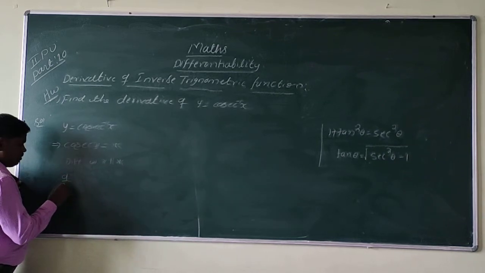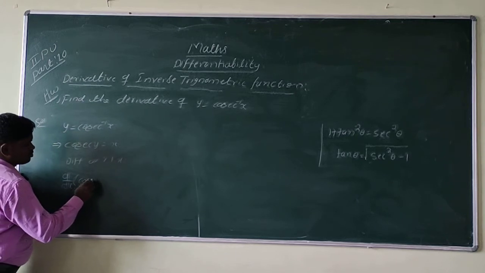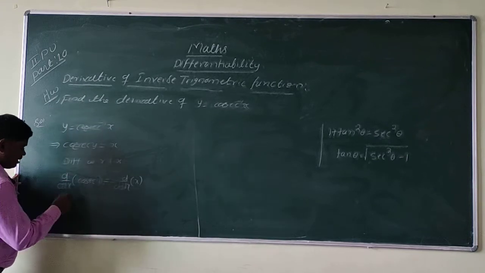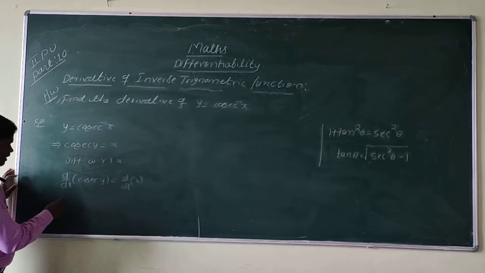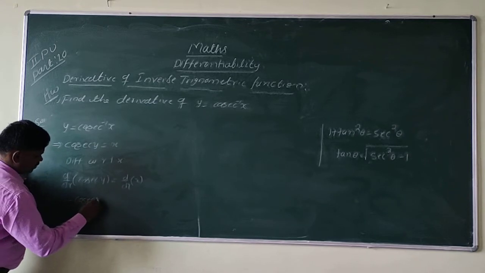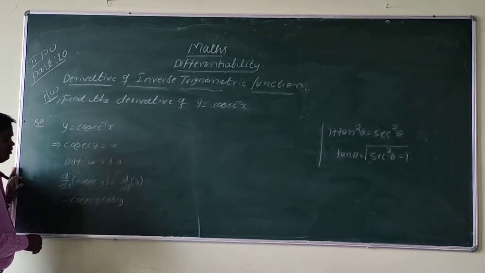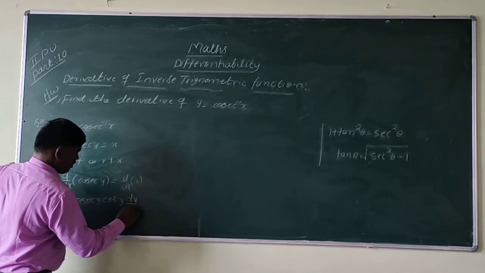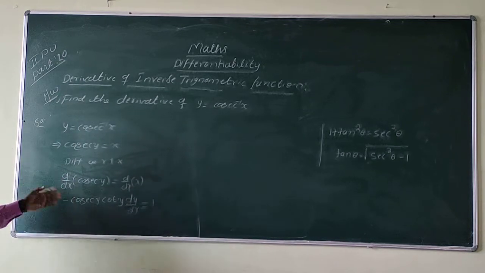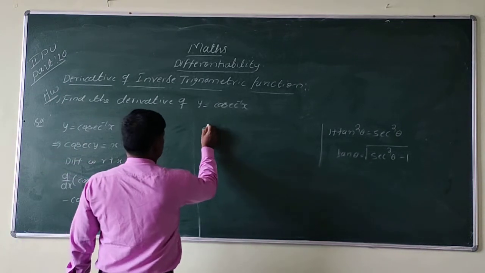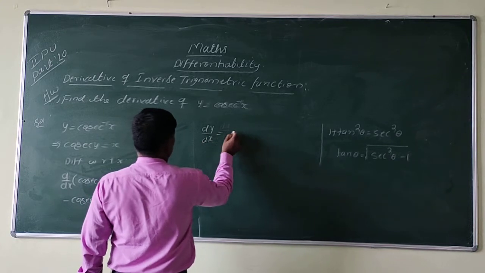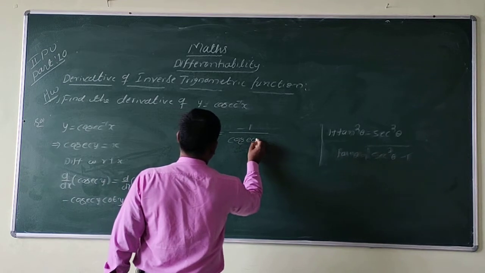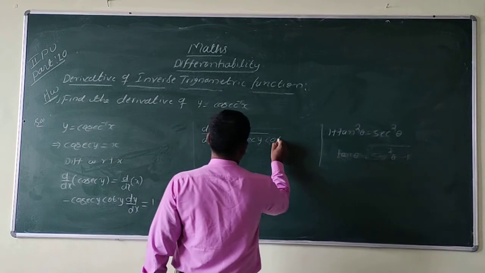Then we get d by dx of cosecant y is equal to d by dx of x. The differentiation of cosecant theta is minus cosecant y into cot y, into dy by dx, which is equal to 1. So dy by dx is equal to minus 1 divided by cosecant y into cot y.